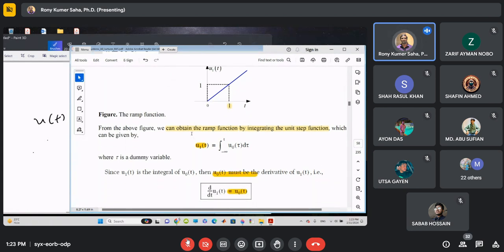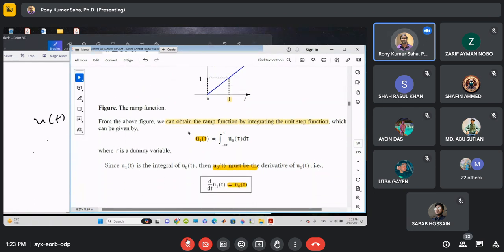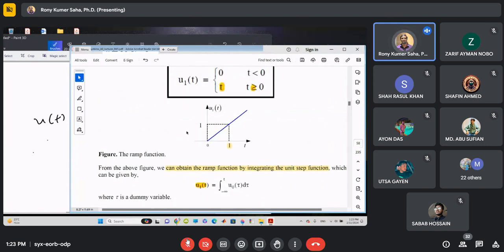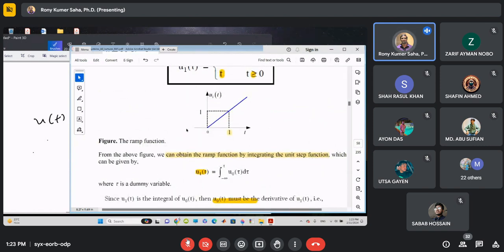We have already mentioned this before: a ramp function can be represented in terms of the unit step function. How? Just by integrating the unit step function.